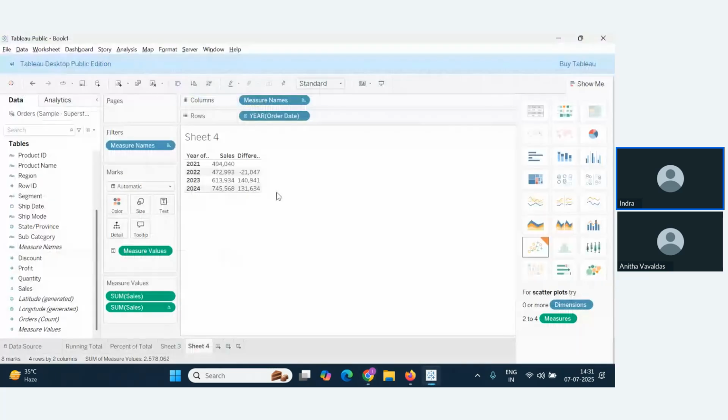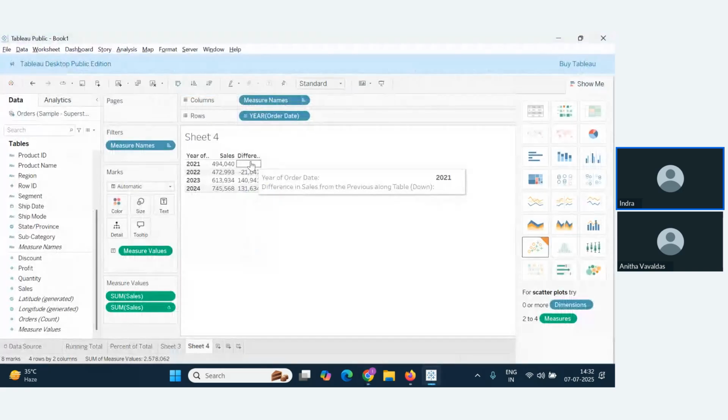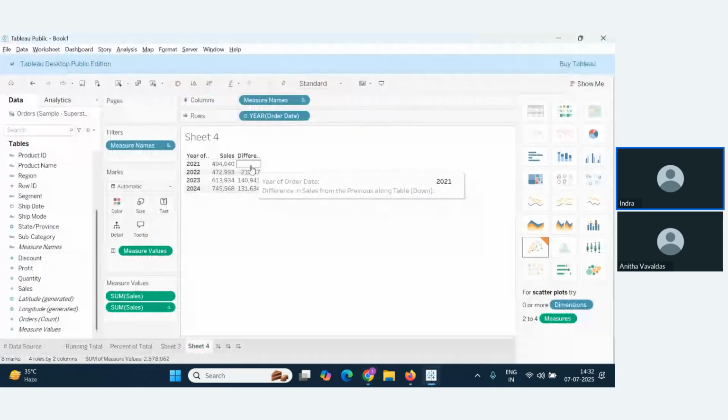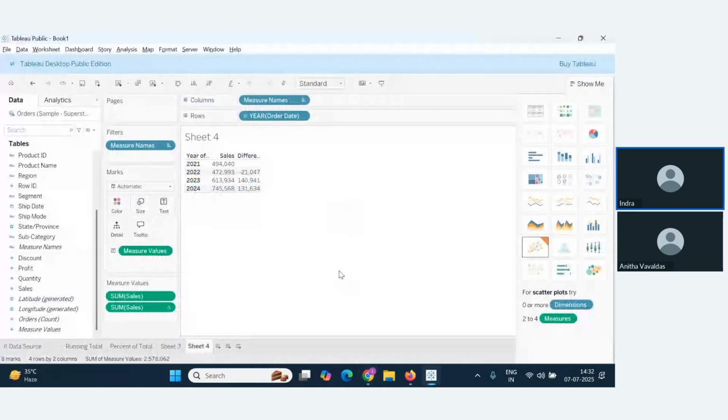Correct? Can you tell me why I'm getting this value as blank? Why am I getting this cell as blank? Please tell me. Yes, because we do not have any consecutive data point before 2021, right?